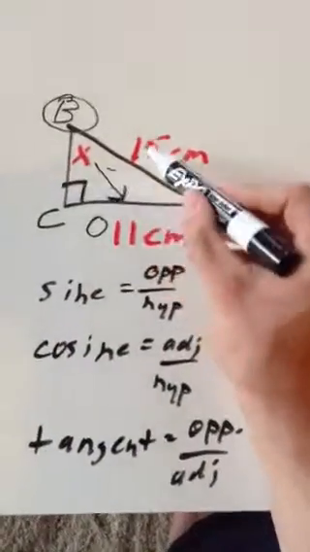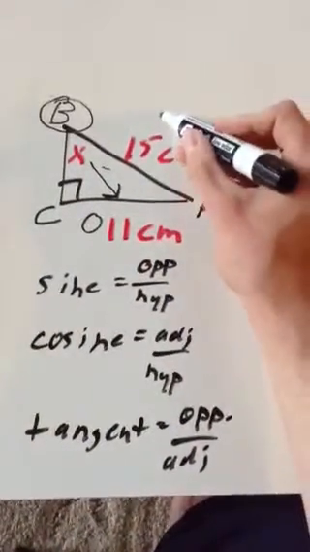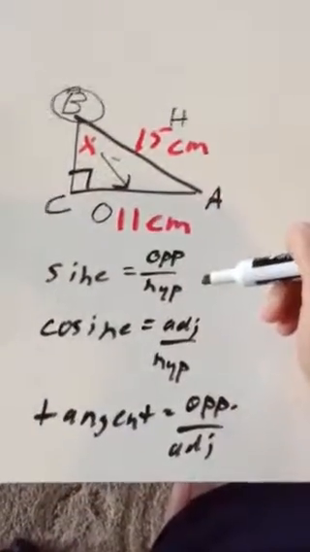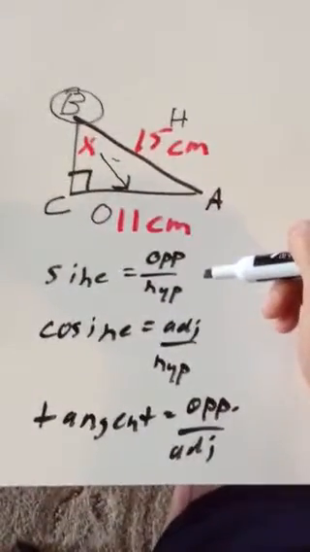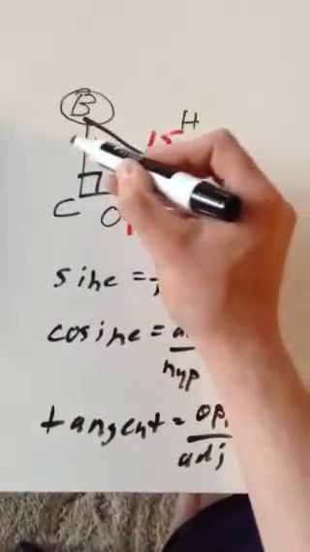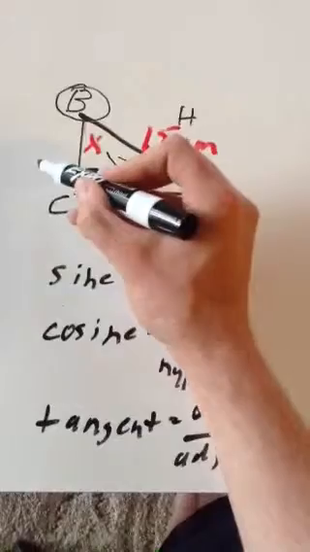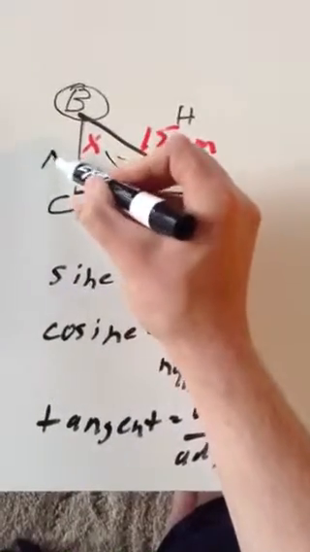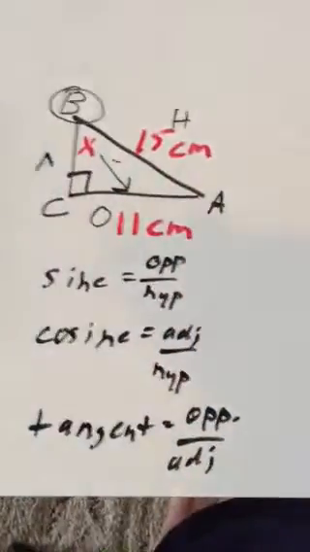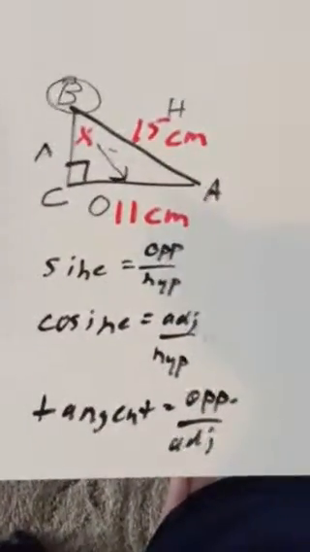Whatever's across from your right angle is your hypotenuse, so I'm going to call that H. And then the side that we don't know anything about over here, BC, it's next to the angle, next door, so I always call that my A, or my adjacent side. Always think like your neighbor at your house is adjacent. They live next door to you.